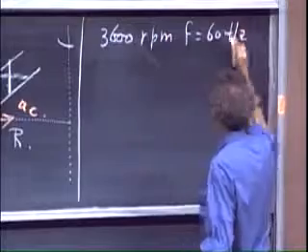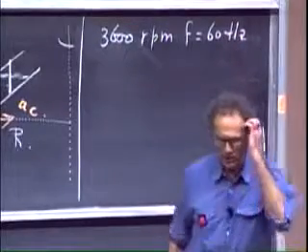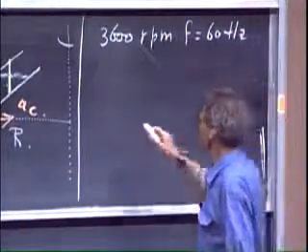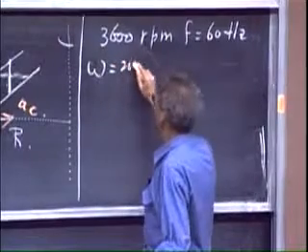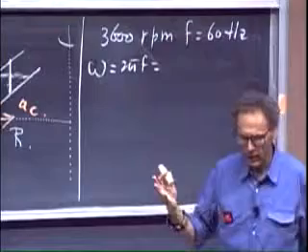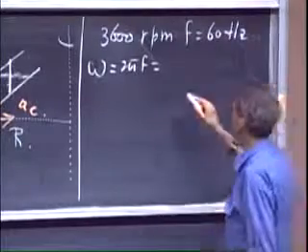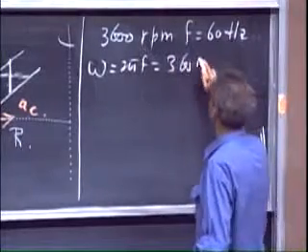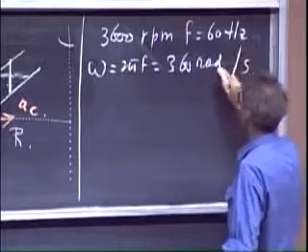So it goes around once in 1/60th of a second. Omega is 2 pi times f, therefore roughly 360 radians per second.